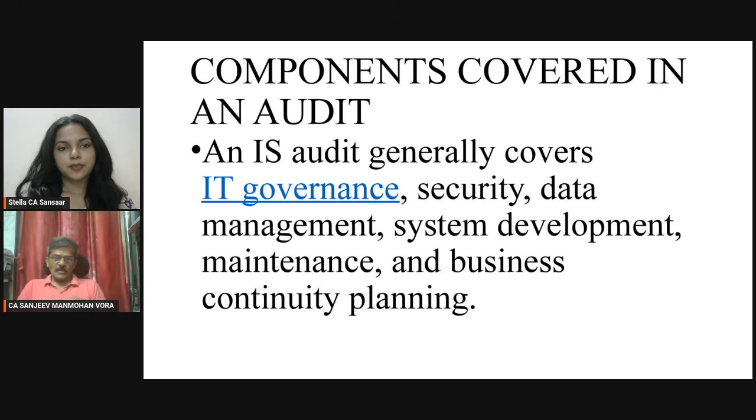Data is secure, data management, system development, that is the software development cycle, and whether the licensed software is bought by the organization, and maintenance of it. There has to be an annual maintenance contract, and it has to be carried out by a better organization, and business continuity planning. All these things are involved in an information systems audit.